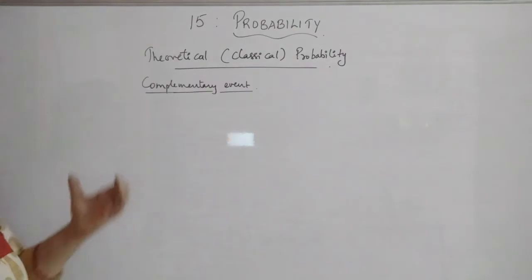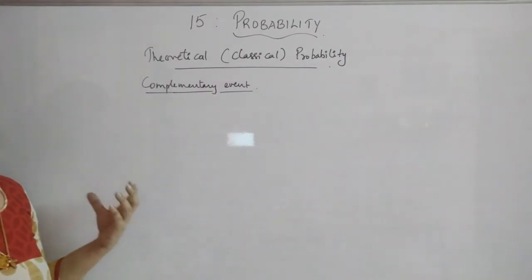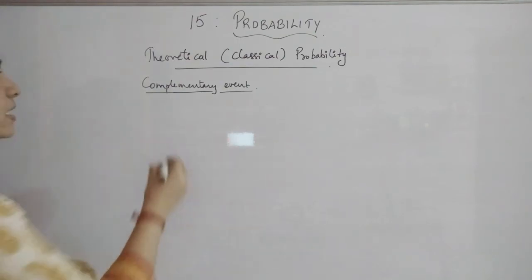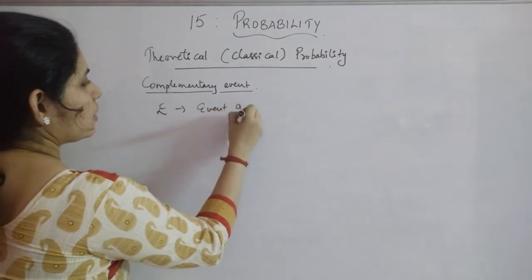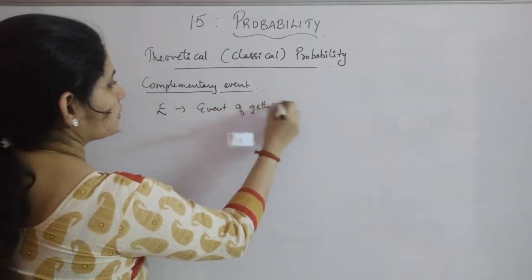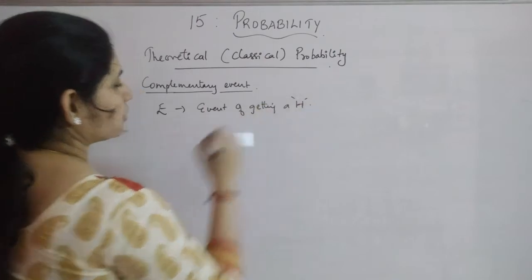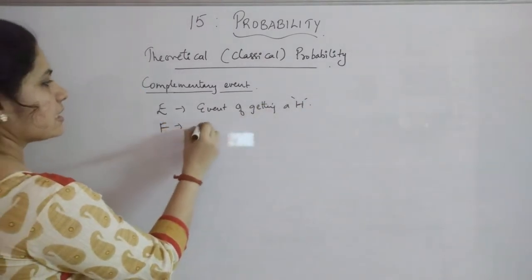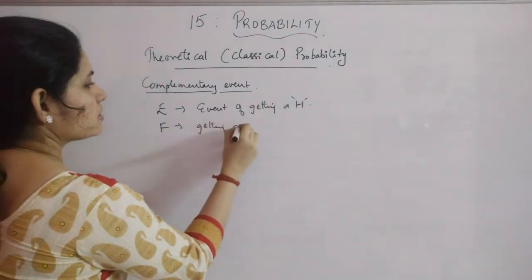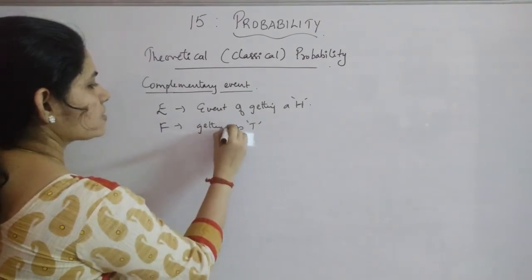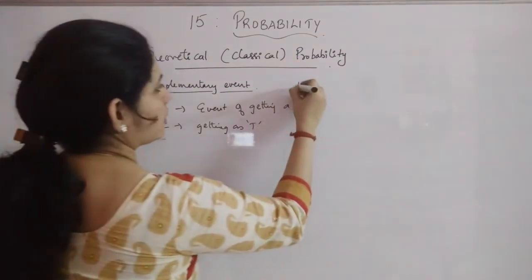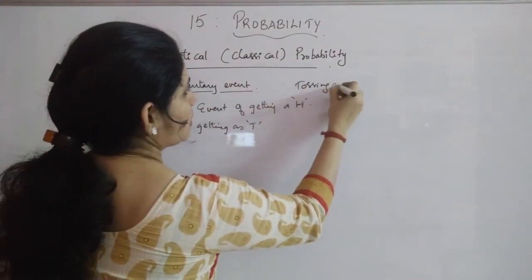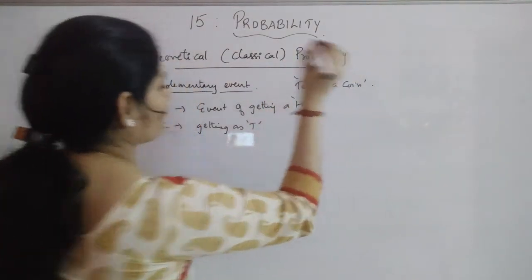Okay, so that is the meaning of the sum of the probabilities of all the elementary events of an experiment being 1. Next is the complementary event. Now what is a complementary event? Now if I am taking E to be the event of getting a head and F as the event of getting a tail, with the experiment of tossing a coin.